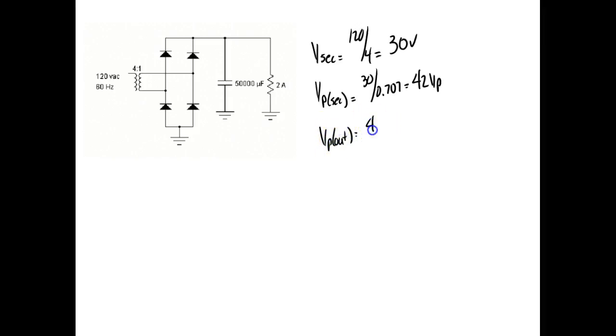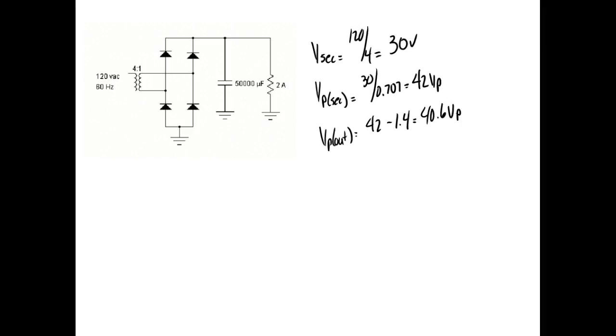So I'm going to say 42 minus 1.4. Why 1.4? Because it's a full-wave bridge, right? 40.2. We okay so far? Yes or no? So this is pretty standard on what we've done up till now. I haven't changed anything.